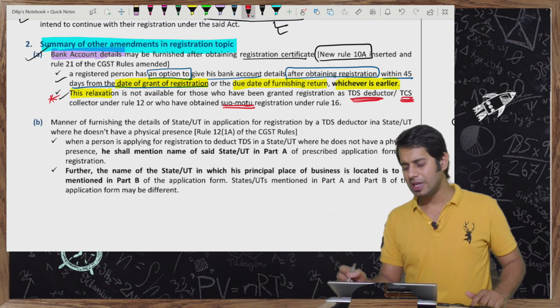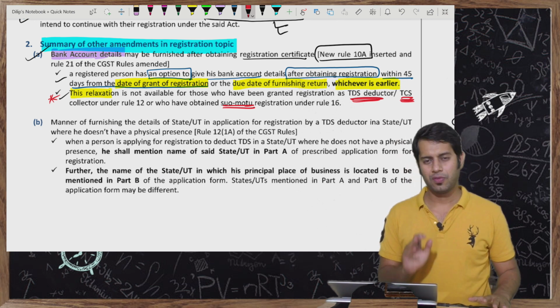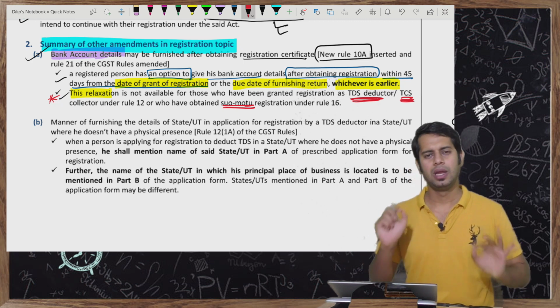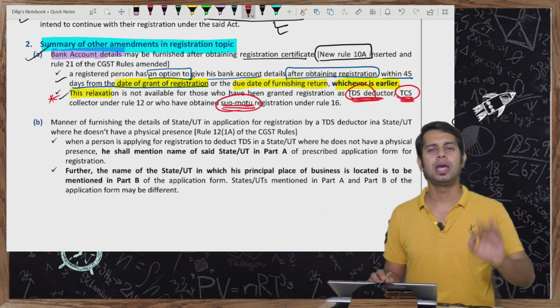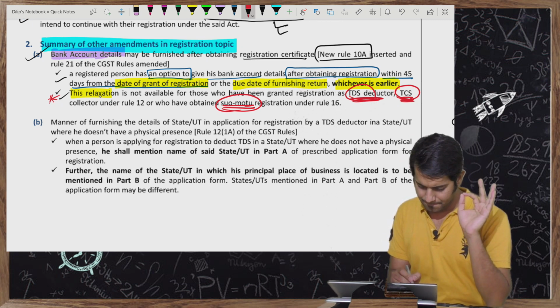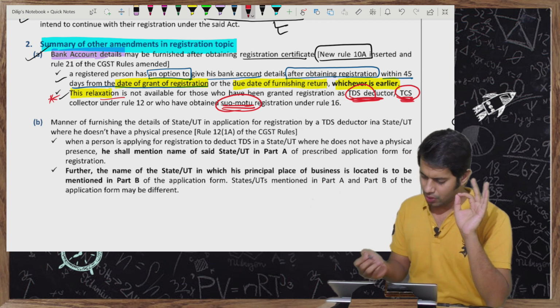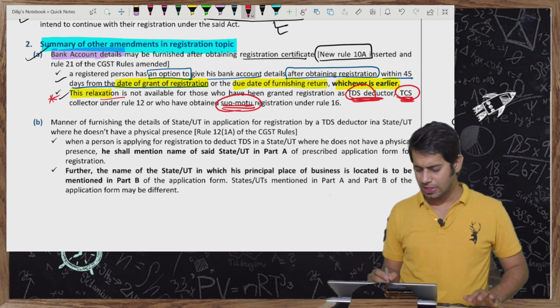For these three types of people, TDS, TCS and suo motu registration, this relaxation is not applicable. They should give the bank details at the time of application only.